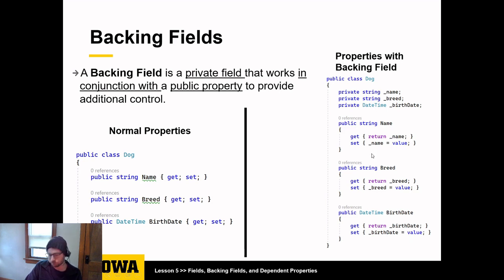Whatever value the calling code wanted to put in this name, we take that and we assign it to our name backing field. Again, these are logically equivalent classes and work exactly the same way, except we have this more syntax here where we've separated the public property from the private fields.